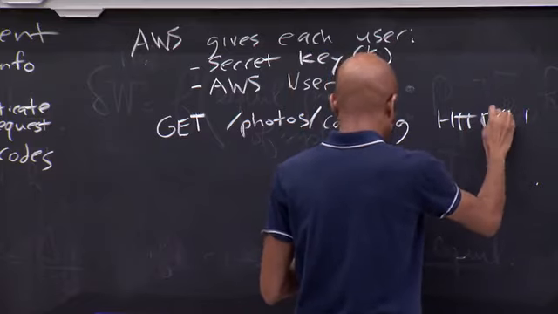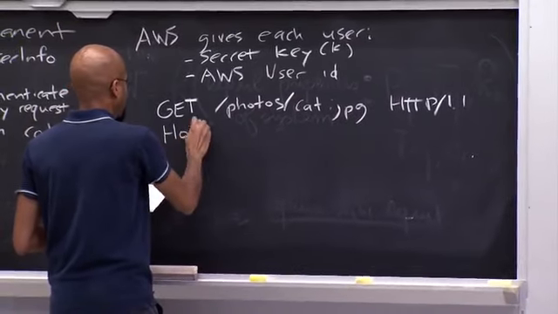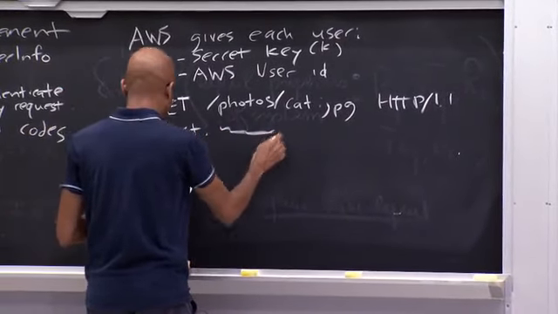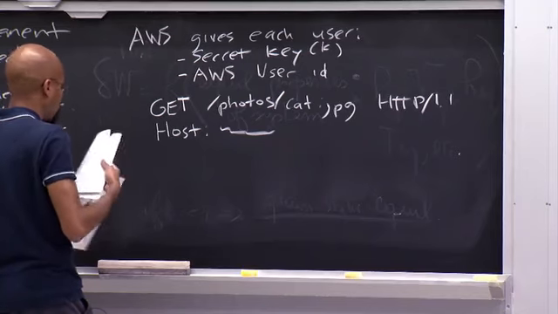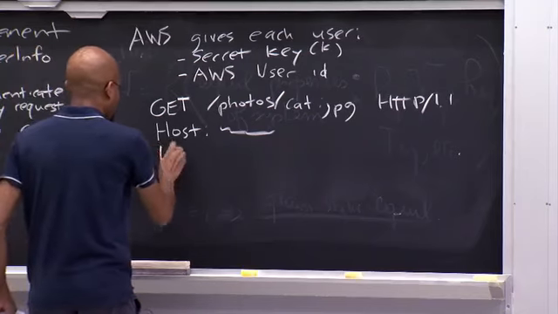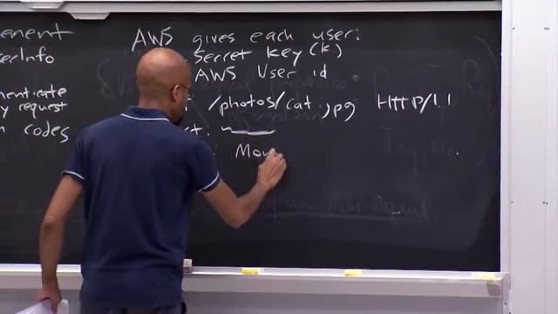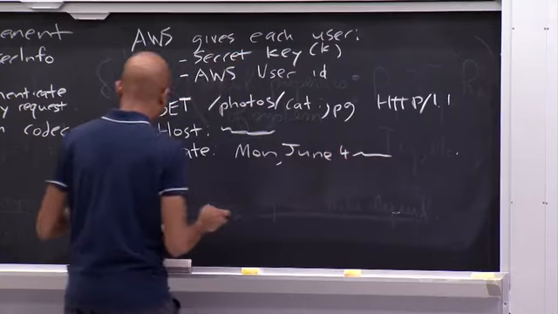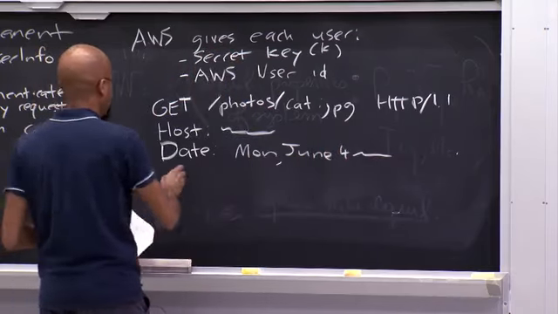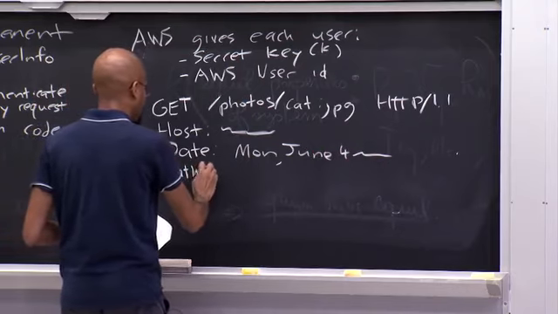And then you'll put the host from which you expect to get it. That's not super important. This is just some AWS server that's there. You'll have a date, so maybe this is Monday, June 4th, whatever. And then you have this thing that's essentially the authorization field.